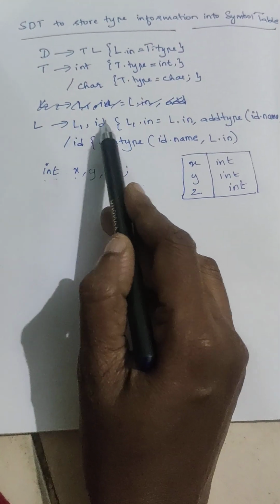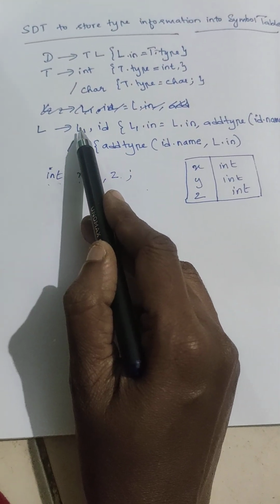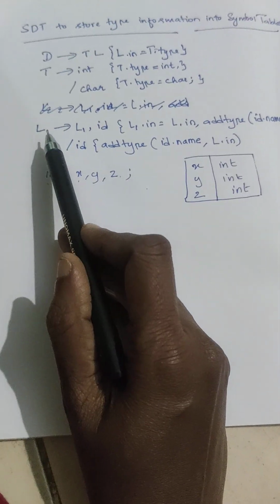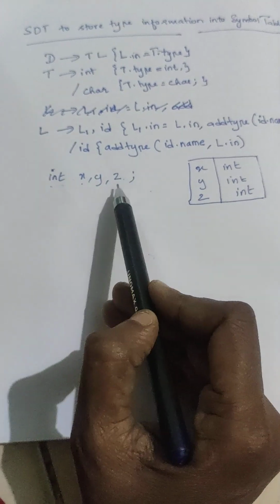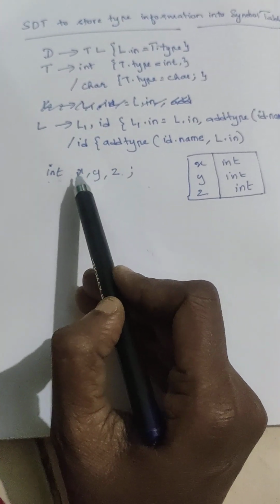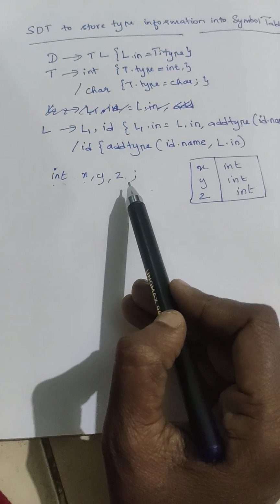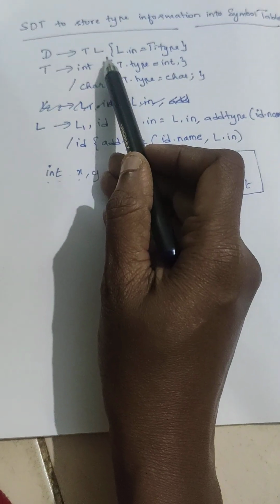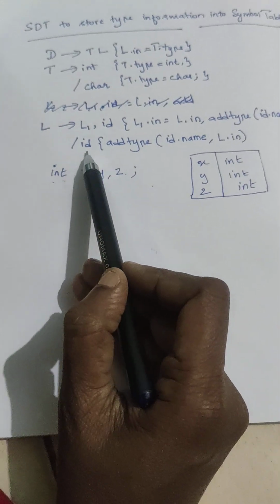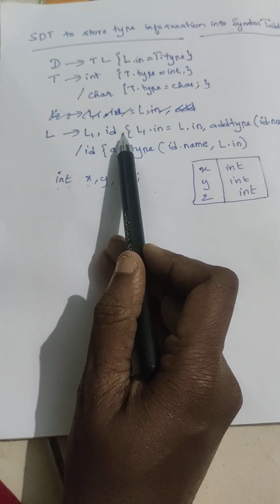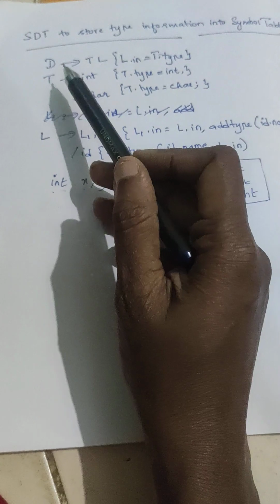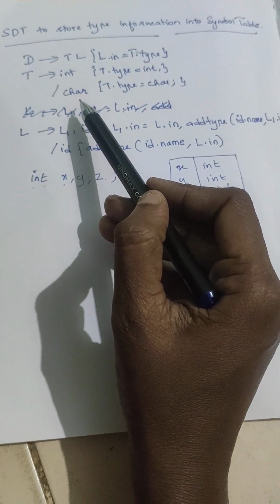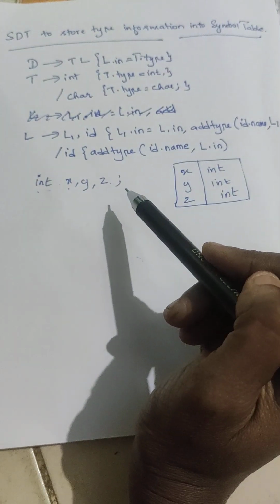So the declaration can be a type and a list of attributes, and the list can be a single attribute or a list of attributes. And the type can be integer or a character. This is what this grammar will define.